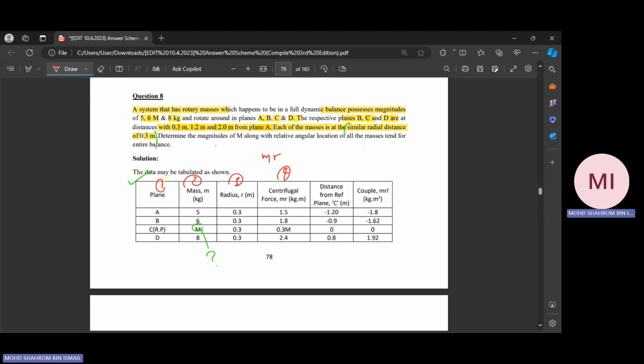Very easy: 5 multiplied by 0.3, you get 1.5. Carry on, and of course, m multiplied by 0.3, you get 0.3 m.